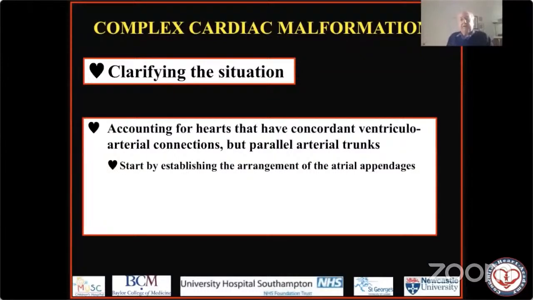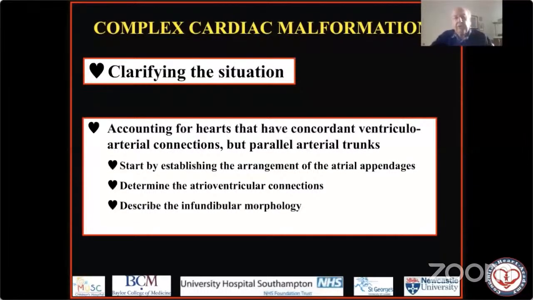So we start by establishing the arrangement of the atrial appendages. Then we look at how the atrial chambers join to the ventricles across the atrioventricular junctions. In other words, we determine atrioventricular connections. We know that there are going to be concordant ventricular arterial connections.